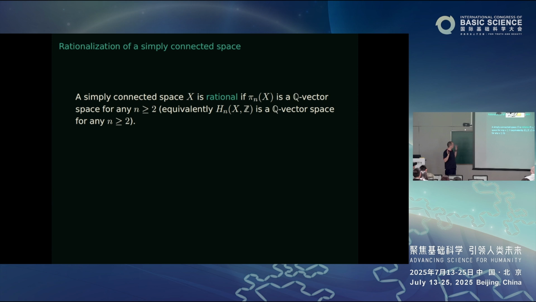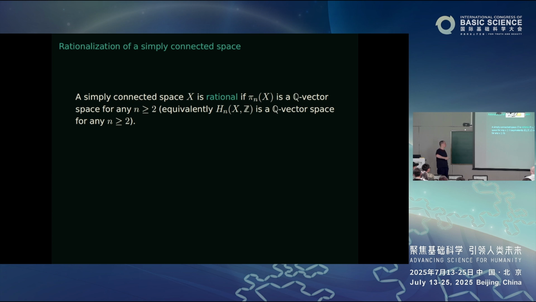If we have a simply connected space X, we call it rational if its higher homotopy groups are Q-vector spaces. Or equivalently, we can say that its higher homology groups with integral coefficients are rational vector spaces.